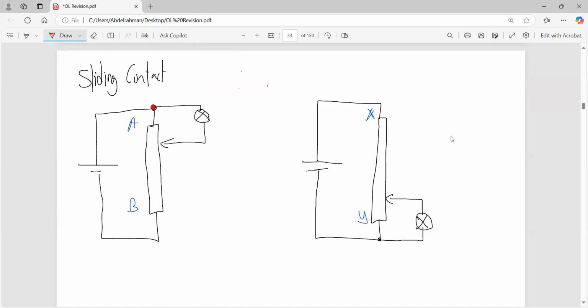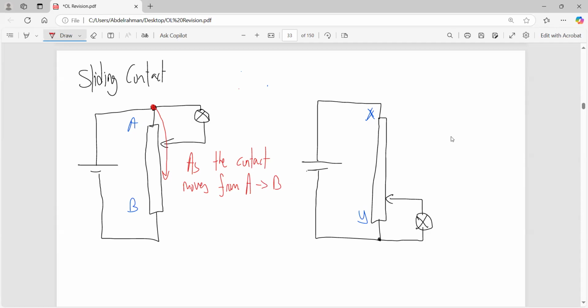So in this case, as I'm moving further away from A, as I'm moving downwards, as the contact moves from A to B, what happens?